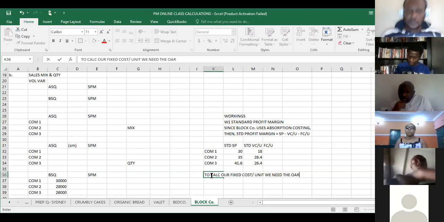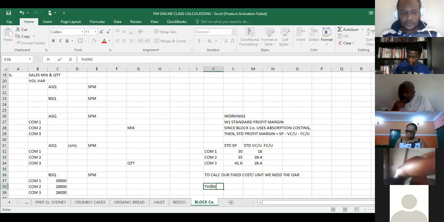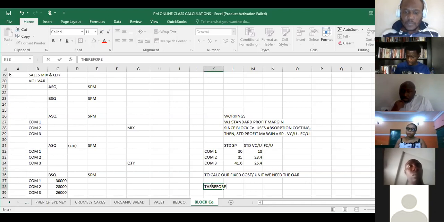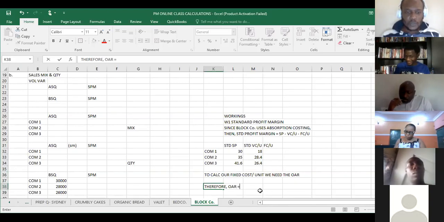So the OAR, therefore, they have come back to haunt you. That's what you say you don't want to learn. So therefore, our overhead absorption rate is equal to budgeted overhead.